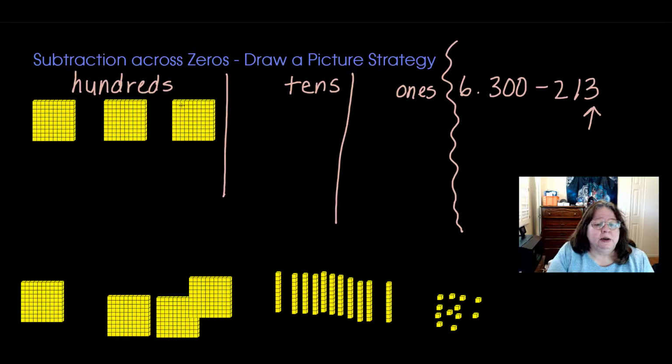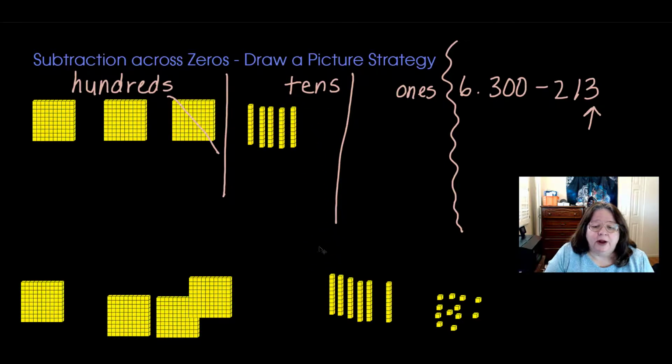So what I need to do is break apart one of these hundreds blocks into 10 tens. So it's kind of like crossing that out, and I have 200s here, and then I need to bring up 10 tens. 1, 2, 3, 4, 5, 6, 7, 8, 9, 10.